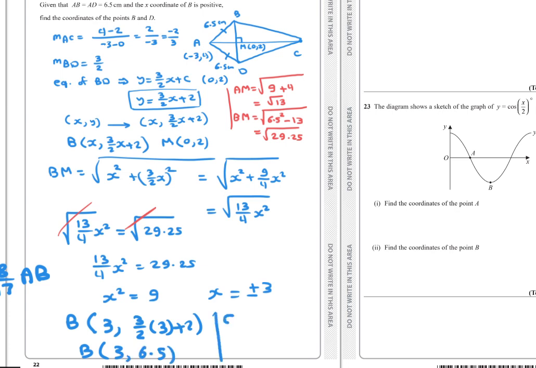Now to find point D, X equals negative 3, so substitute X equals negative 3, so 3 over 2 times negative 3 plus 2, so D equals negative 3 and negative 2.5.